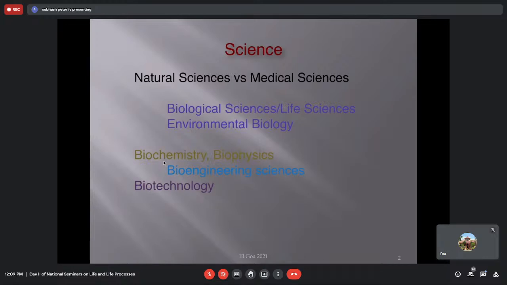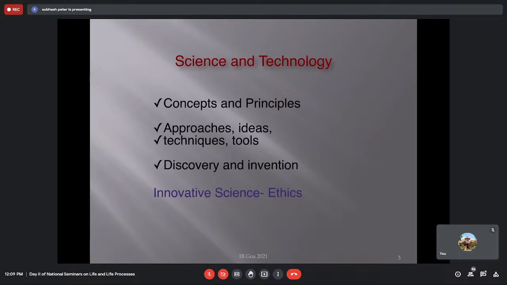So we have an integration with all these kinds of things, taking care of different concepts and principles from sciences, and we also take the technological inventions, and it's all taken together, and we go ahead with our discovery and invention. And what we see is now the innovative science.